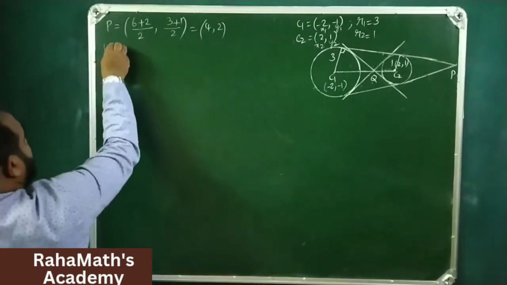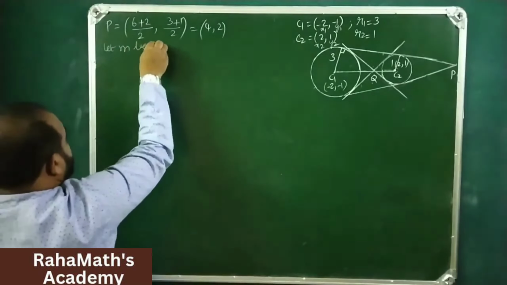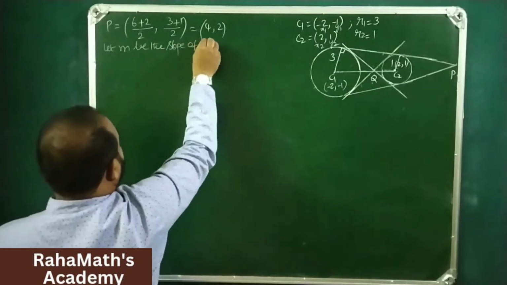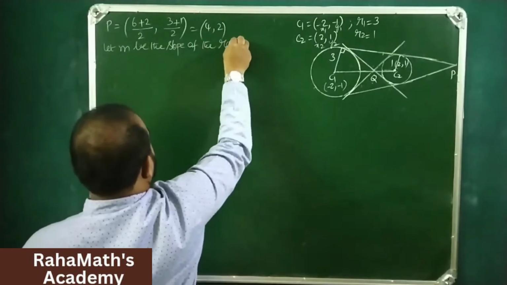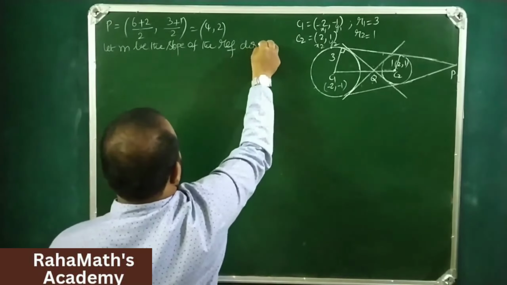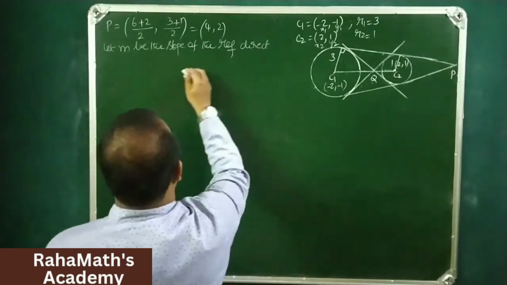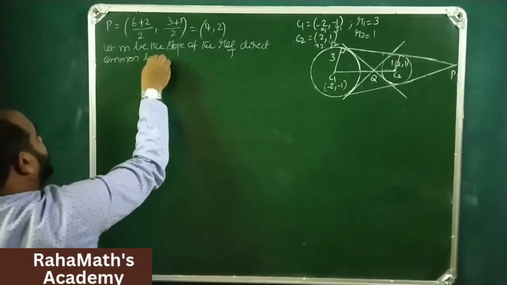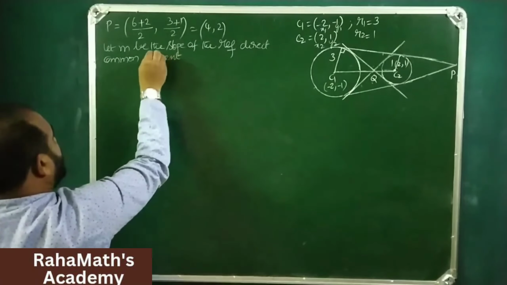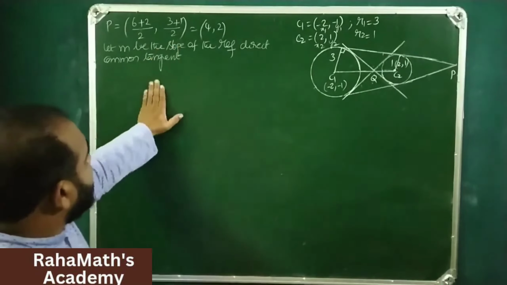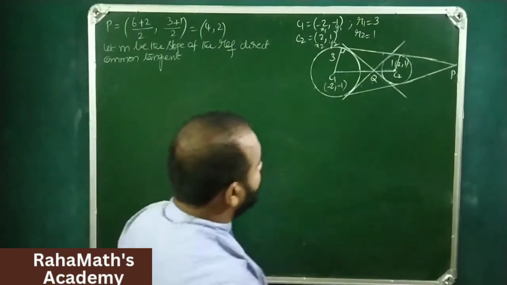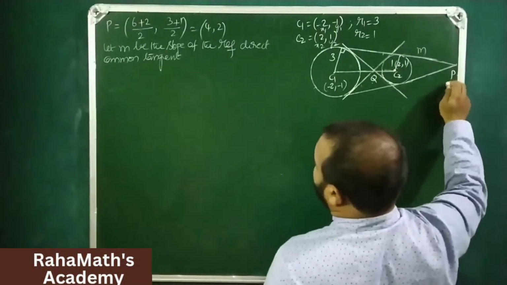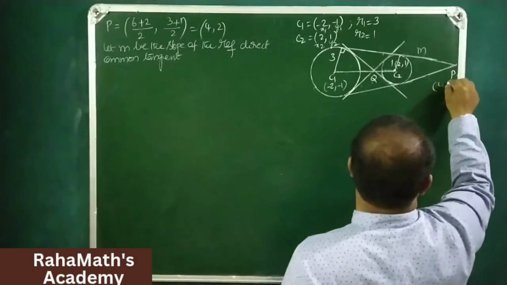So let M be the slope of the required direct common tangent. Let us suppose that M is the slope of the required common tangent and it is passing through 4 comma 2.